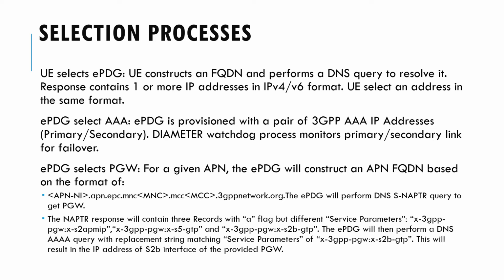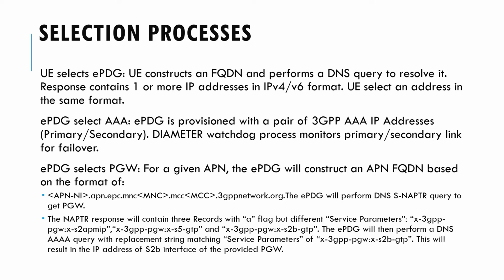After making this FQDN, the EPDG will have to select the P gateway. How will it select? It will perform a DNS query, and the name of that query is the NAPTR query. NAPTR stands for Naming Authority Pointer. On the basis of this query, it gets a P gateway.